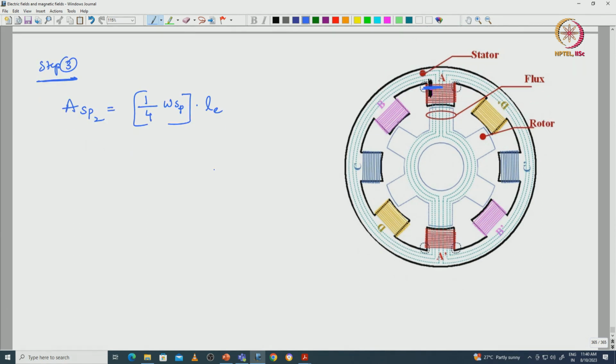If required I will draw that. So, this is the stator pole. Here the leakage flux lines are flowing in this fashion.